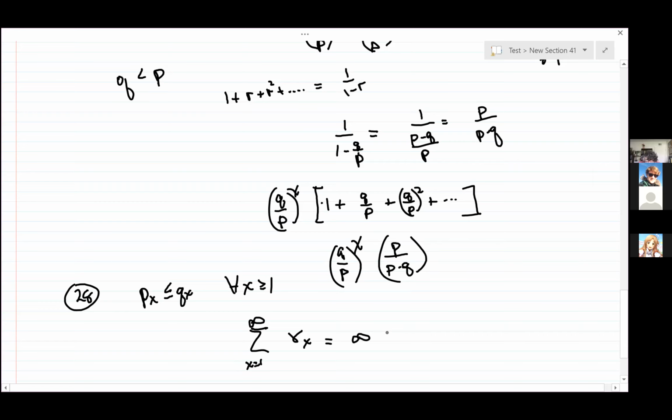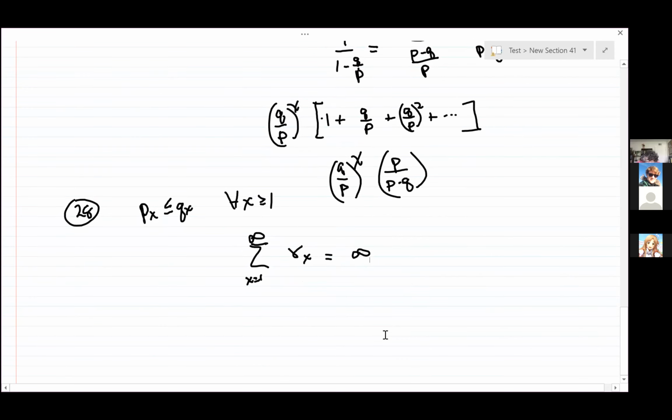That's 68. But what do these things look like? What do the gammas look like? Gamma x looks like Q1, Q2, all the way up to QX, over P1, P2, all the way up to PX.